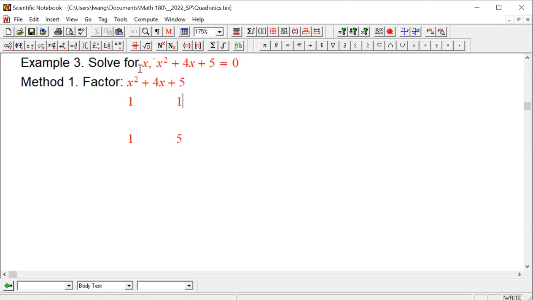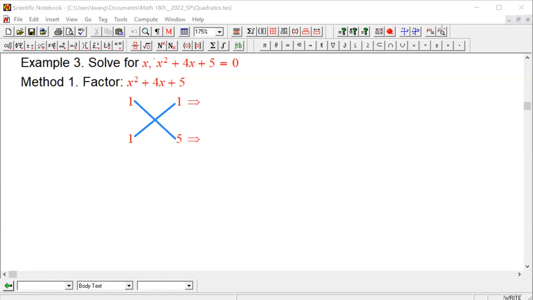So I'm going to do my cross product. Okay, so 1 times, I'm going to change the color. How about that? So 1 times 1, 1 times 5.